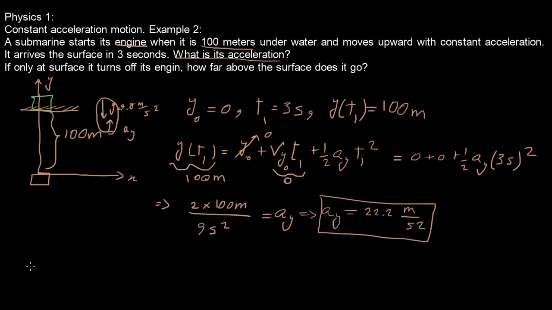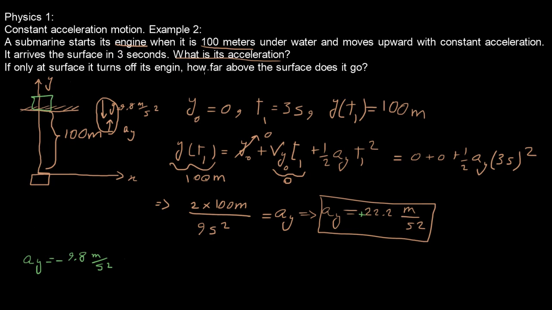So ay is negative 9.8 meters per second square at this time, while underwater it was positive. The net force was upward, but from here on, the net force will be downward. That's the reason for the negative.